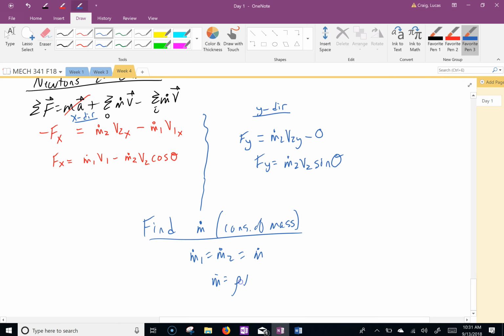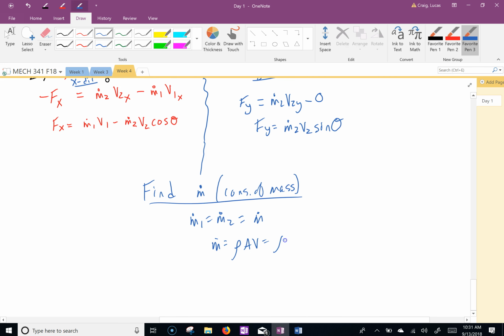And it's just rho A V, which is rho pi d squared over 4 times v. Diameter 0.05 meters squared over 4 times velocity.